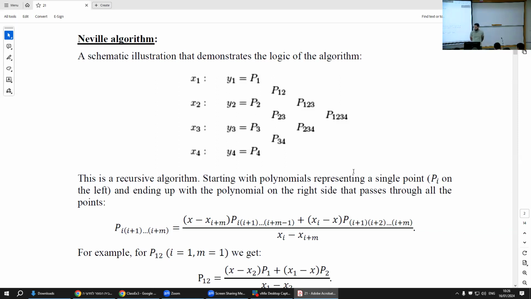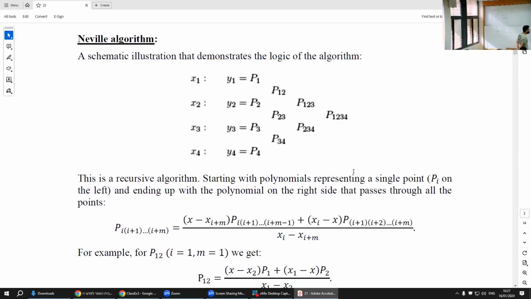Okay, so the Neville algorithm, what it says is, I will make this evaluation step by step, okay? And I will suppose that I will be given every time a part of the information. I will calculate every time, based on this calculation, my evaluation of the function.